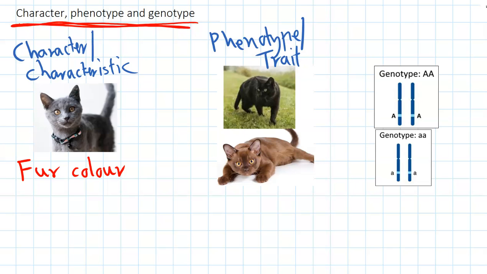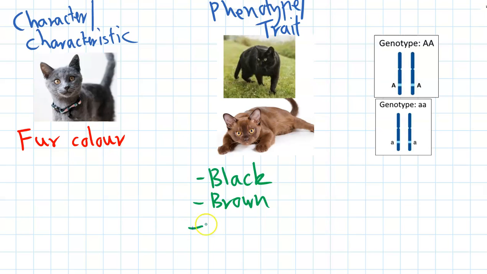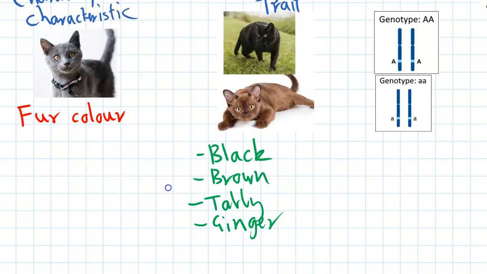So if we're talking about the fur color character, well, what possible traits can we have for cats if we're talking about fur color? Well, you can see here we can have black fur color, so that's one phenotype or trait. We can have brown, we've got one here. What else? You can have tabby, you can have ginger, you can have grey.